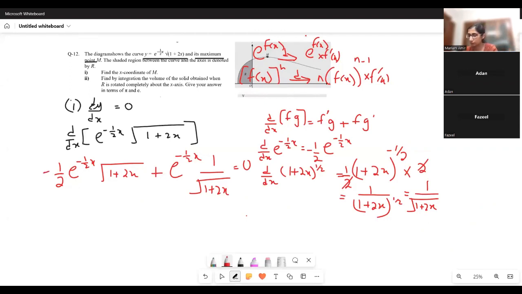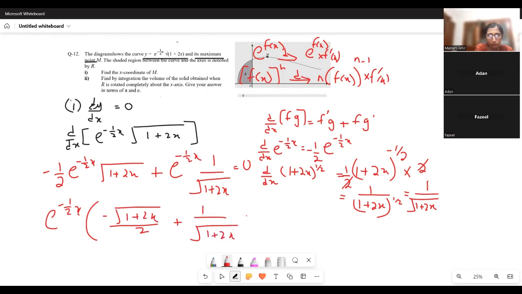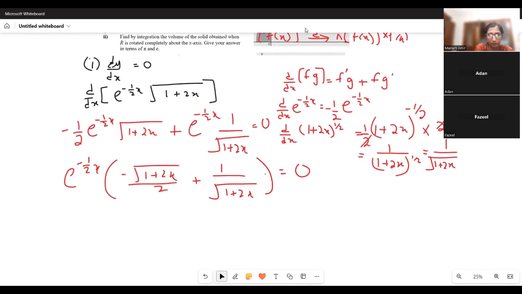Let me confirm for a second that there's no mistake up to here. Minus half e power minus half x is, all right, fine. Now we have to find the value of x. e power minus half x is common in both expressions, so factorize it and we get minus (1 + 2x) upon 2, plus 1 over the radical of 1 + 2x, equals 0. So let's simplify this.